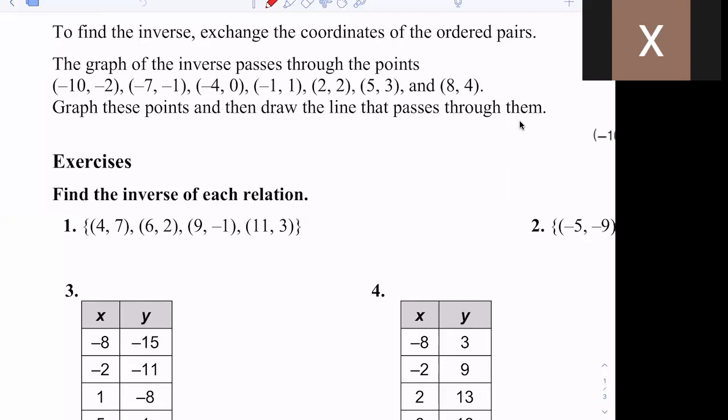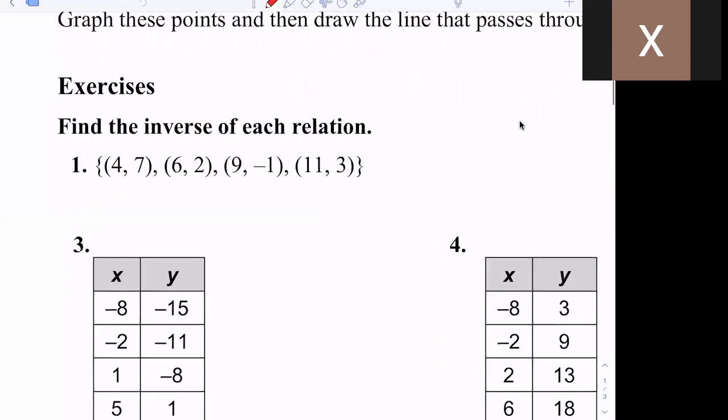So now, inverses. Inverse literally means all you're doing is switching the x and the y. That's all you're doing. So to find the inverse, you are switching the x and the y. Here we go with number one.